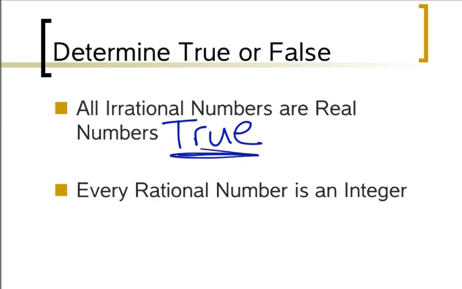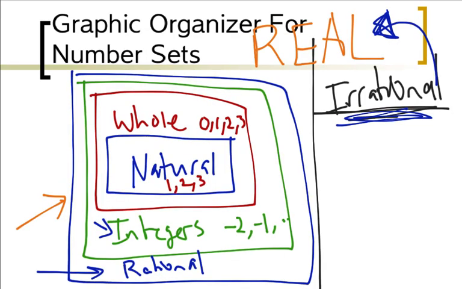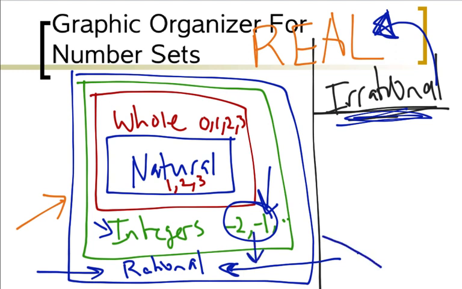The next one says every rational number is an integer. So we should look back at our graphic organizer to see if that's true. And so looking at this, we're saying, all right, well, rational numbers include the integers, which means that all of the numbers in the integer set are rational, but it doesn't work the other way around. It doesn't mean that all the rational numbers are integers.